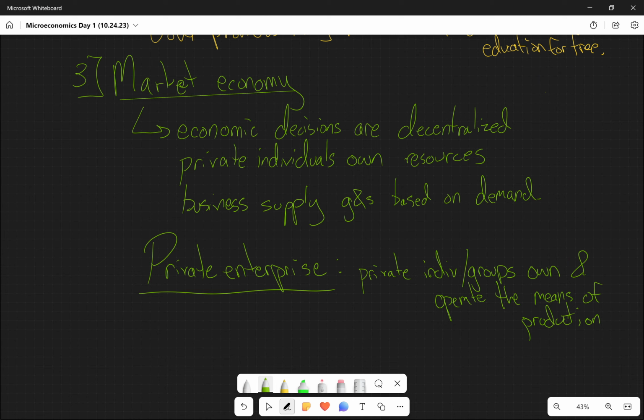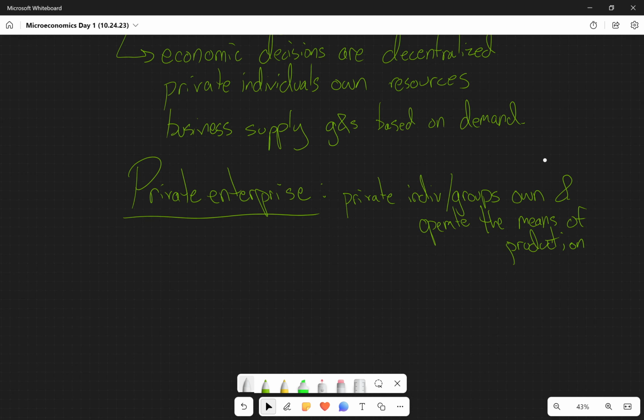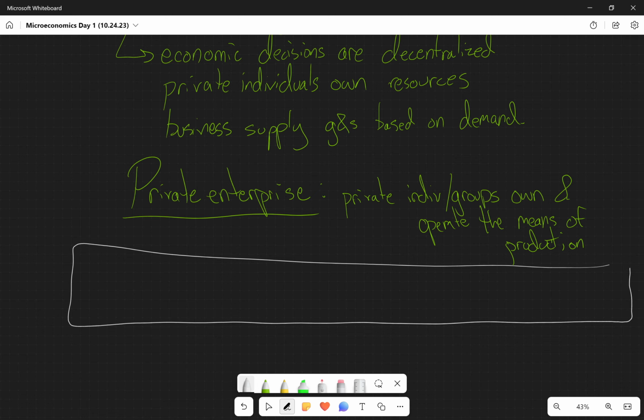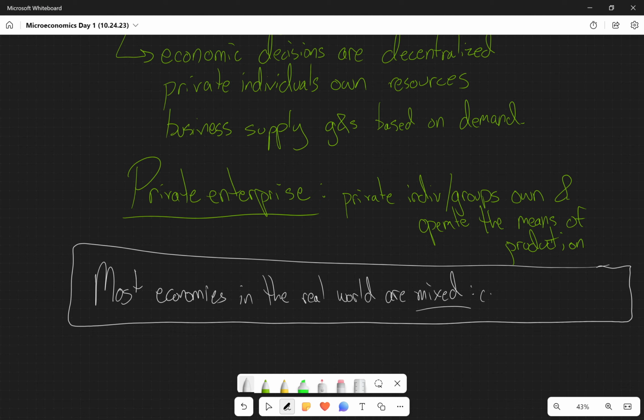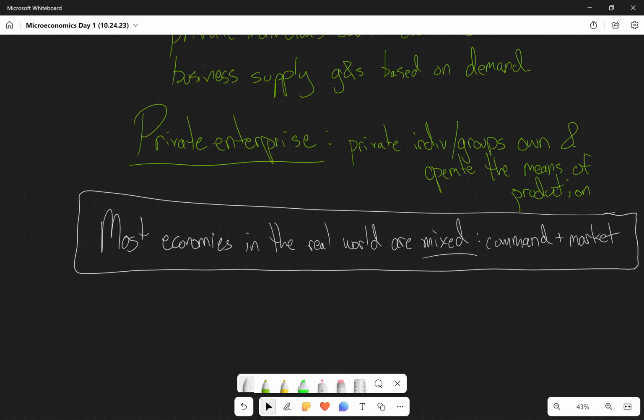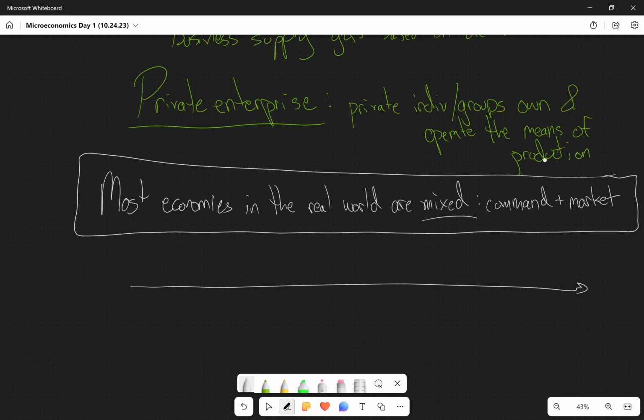And so, like I stated before, most economies in the real world are mixed. They have elements of the command and the market system. The US is obviously positioned more toward the market end of the spectrum.